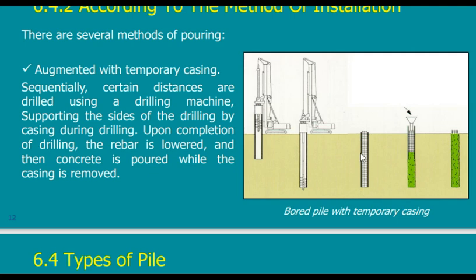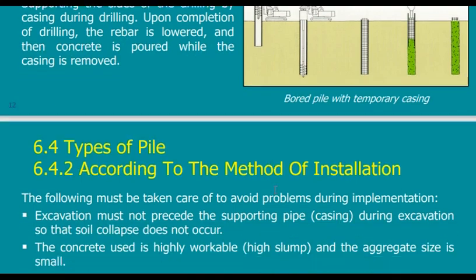It was not contaminated by the soil because there is no interference between them, because when I put the concrete, I start pulling my tube up. So what is inside is pure concrete, no soil. So this is, as I said, the best type of pile.